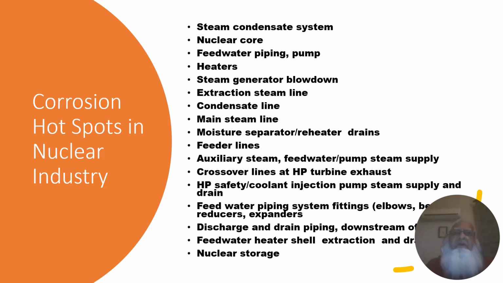Nuclear core, feed water piping, pumps, heaters, steam generator blowdown, structure steam line, condensate line, main steam line, moisture separator, reheater drains, feeder lines, auxiliary steam, feed water pump steam supply, crossover lines at high pressure turbine exhaust, high pressure safety coolant injection pump, steam supply and drain, feed water piping system, fittings, elbows, bends, reducers and expanders, discharge and drain piping downstream of valves, feed water heater shell extraction and drains, and nuclear storage.